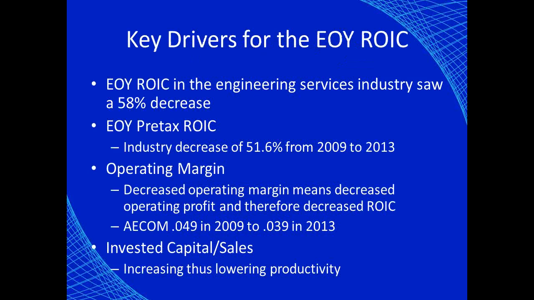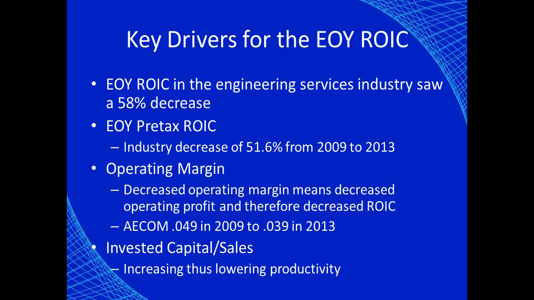So the ROIC in the engineering services industry saw a 58% decrease over the last 5 years. And one of the main drivers of this is the EOI pre-tax ROIC. That saw an industry decrease of 51.6% from 2009 to 2013, which obviously caused a decrease in the ROIC. And also the operating margin is a driver.